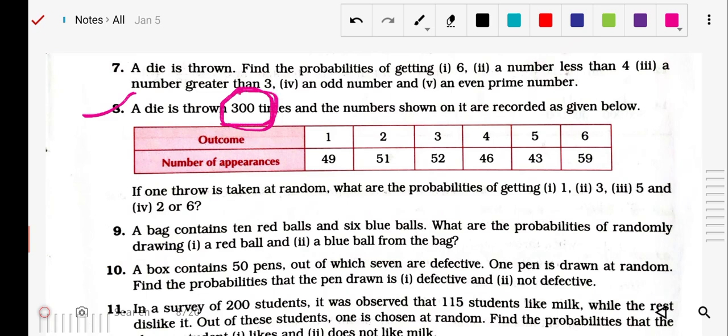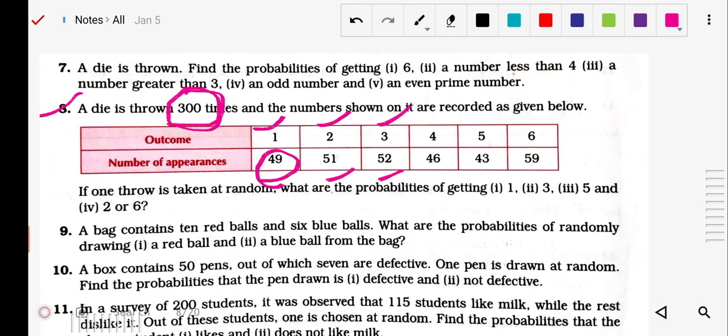The number 1 appears 49 times, 2 appears 51 times, 3 appears 52 times, and likewise for the other numbers. To solve this question, first we should know the total number of outcomes. The total number of outcomes will be 300, because it was thrown 300 times.